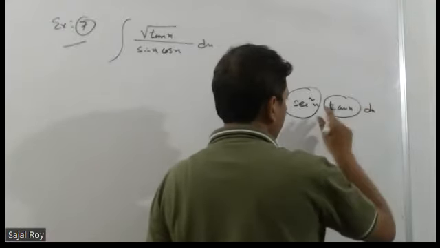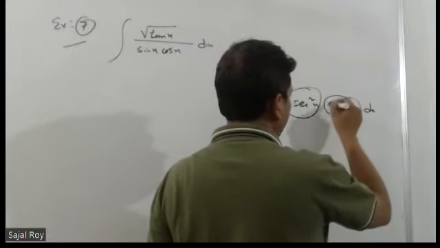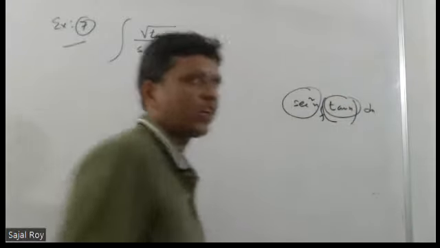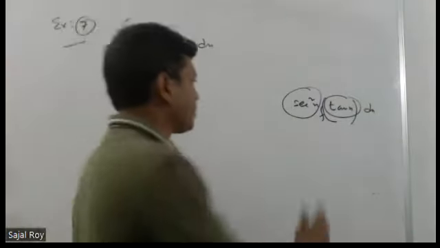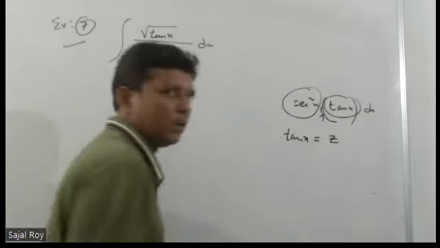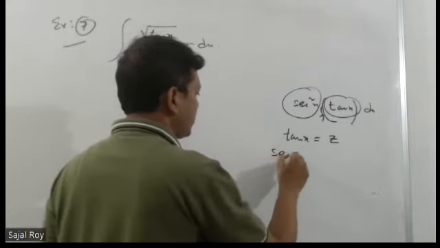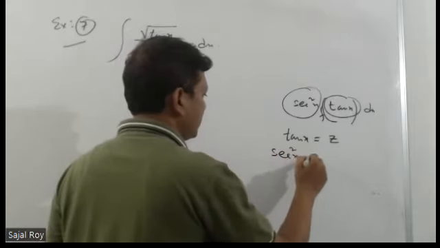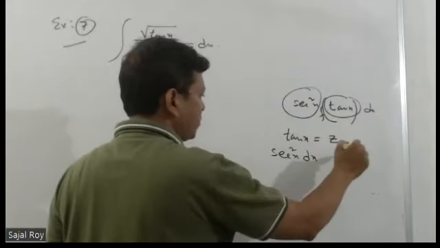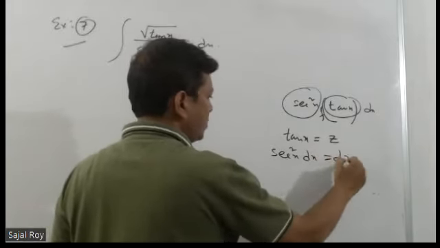So if it is a function of tan x, any kind of function of tan x, then if you substitute tan x equal to z, then sec square x dx is going to be dz. Actually, you are differentiating both sides by x.